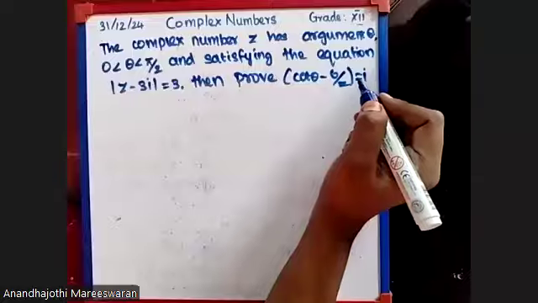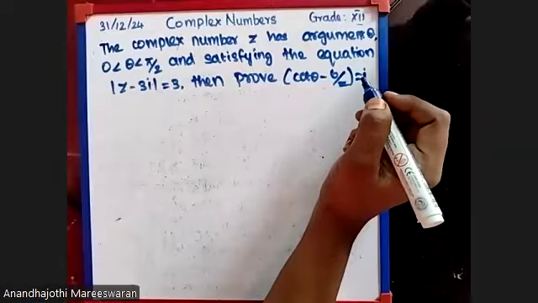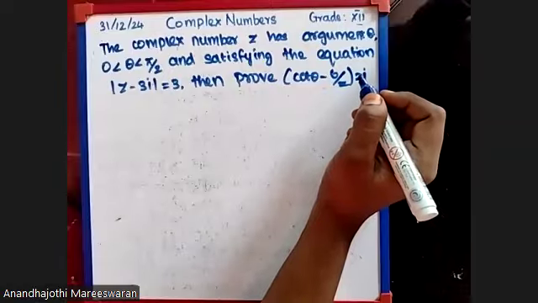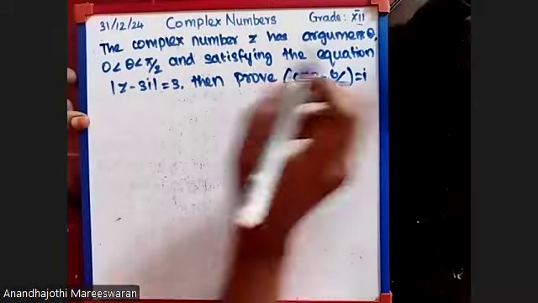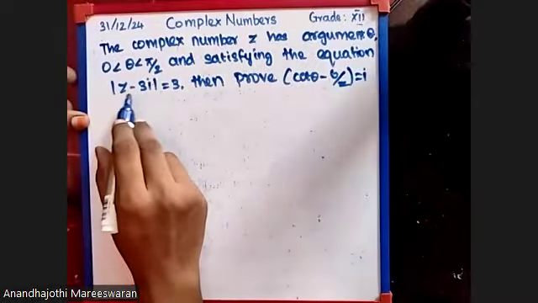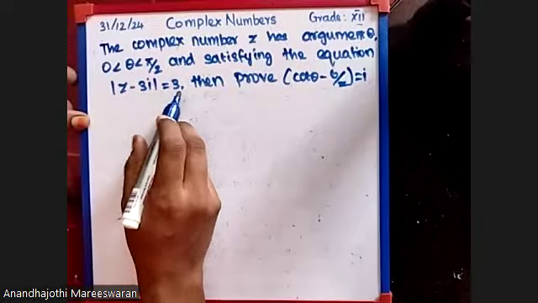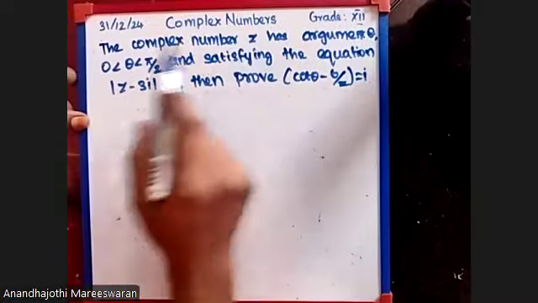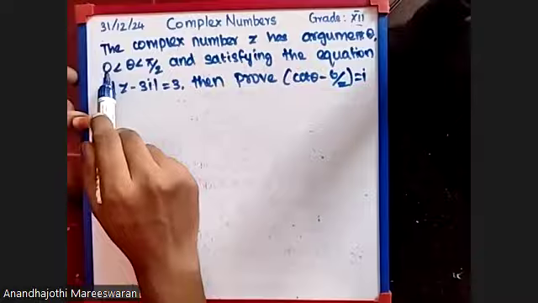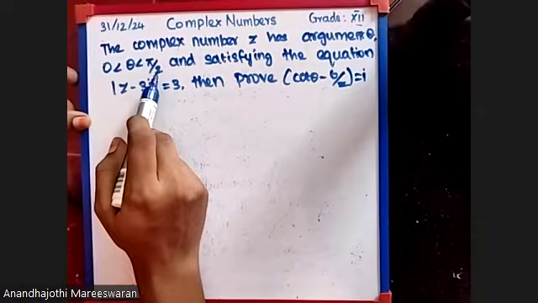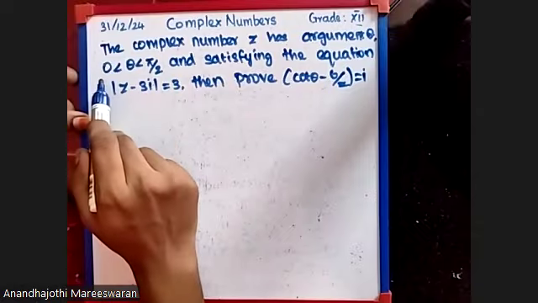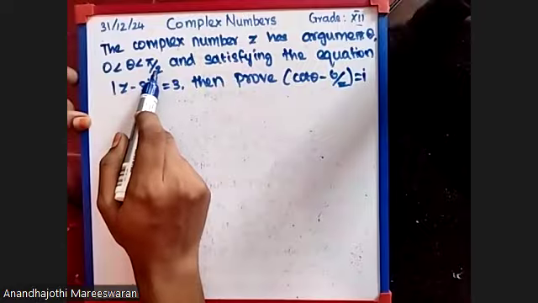Right? So what is given? They have given that modulus of z minus 3i is 3 and the complex number lies in the first quadrant. 0 to 90 degrees, since pi by 2 is 90 degrees, lies in the first quadrant.